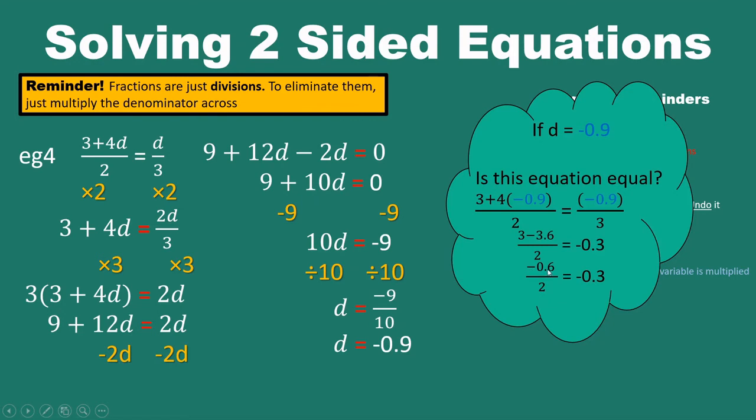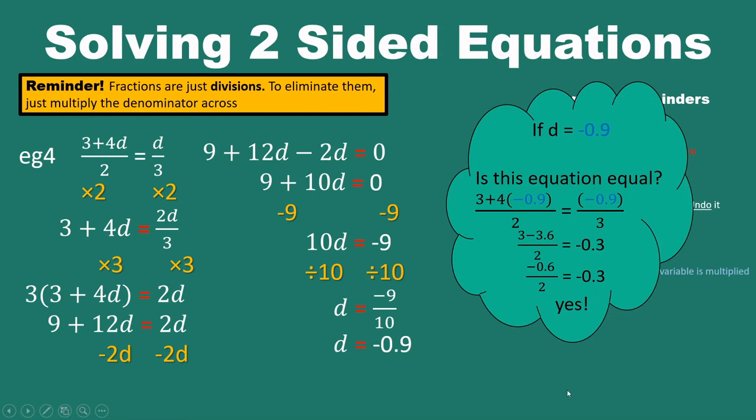So negative 6/10 divided by 2, yes, that's negative 3/10. So our equation is balanced. The left side is equal to the right side. So our answer is correct. And remember, this is our answer here. D is equal to negative 0.9. This was just our check.